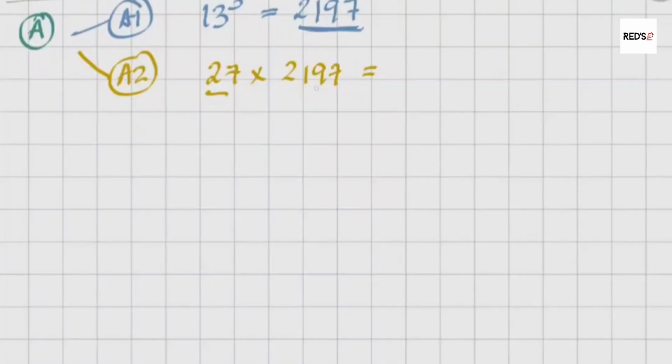Okay, the next one should be multiplying this answer by 27. So 27 times 2,197. What's the answer? 27 times 2,197 should give you 59,319.